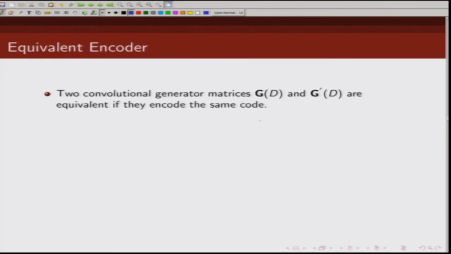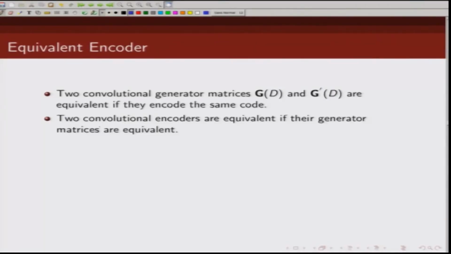The set of code words generated by this and this, if they are the same, then these generator matrices are equivalent. Now, the set of code words generated by these generator matrices are the same, but the mapping between the input and the output is different in this encoder from what the mapping between inputs and output is for this generator matrix.